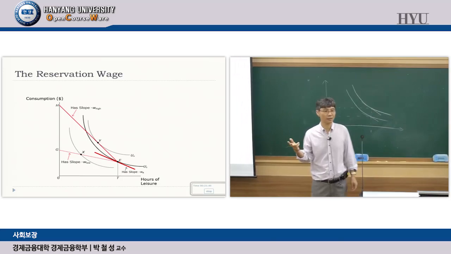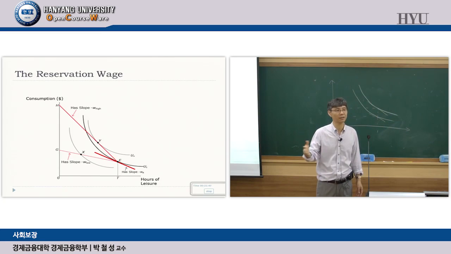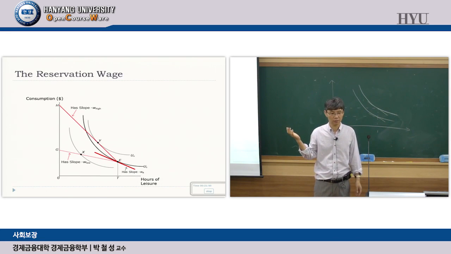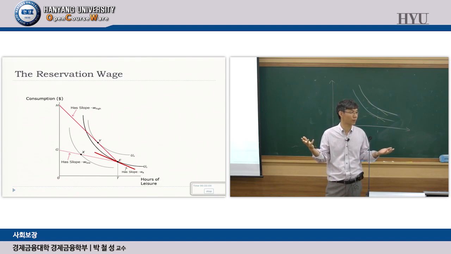Let's say you find a recently deceased uncle who gave you $1 million in inheritance. How will it affect you in terms of working?